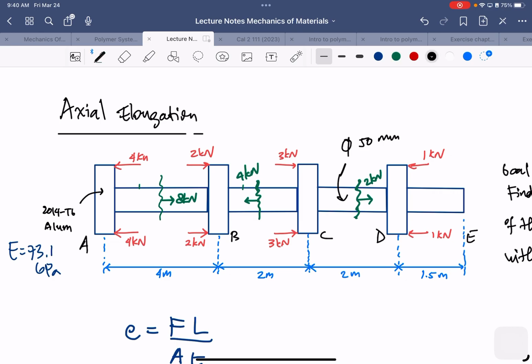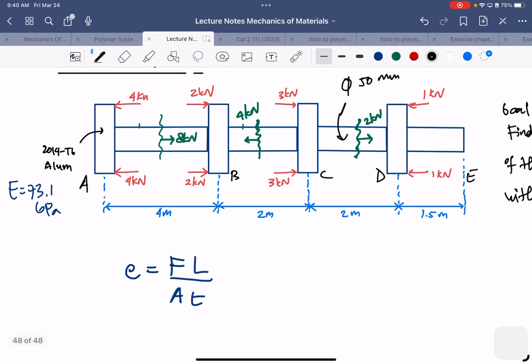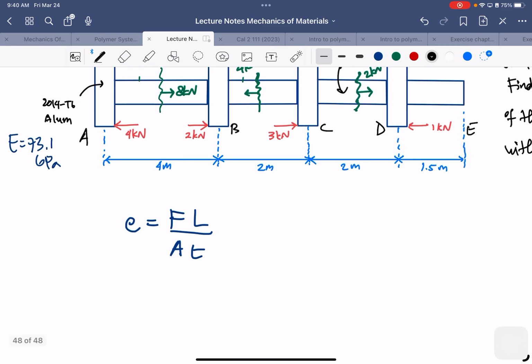Now we can apply the formula. The total elongation is the elongation for AB plus the elongation for BC plus the elongation for CD.